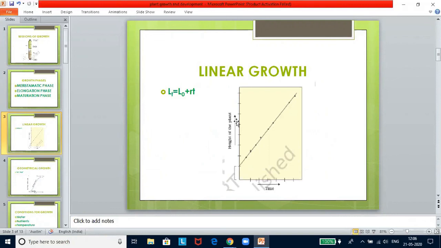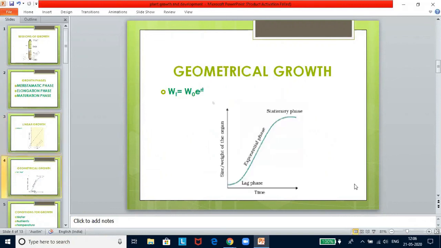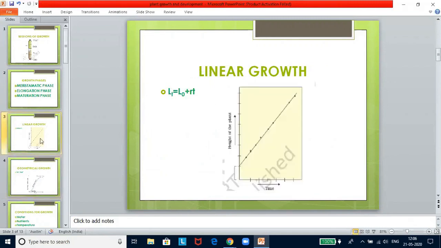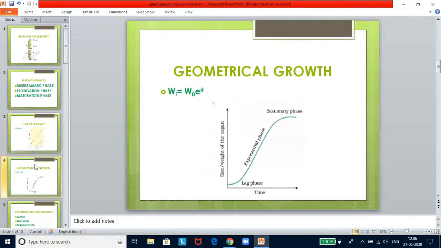Now let us look at the geometrical growth. Now you have to remember this equation. Lt = L0 + rt is for linear growth, and for the geometrical growth you get a sigmoid curve. So here the initial growth phase is slow, and that is called the lag phase, and it increases rapidly, therefore the exponential phase, or log phase.